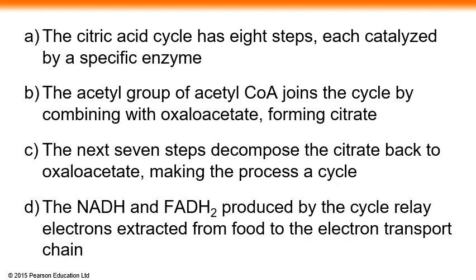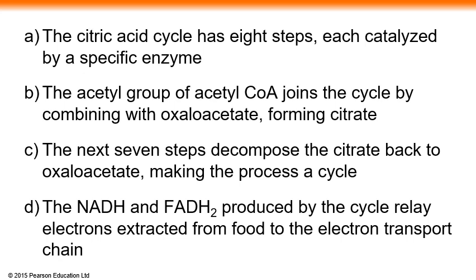The citric acid cycle has 8 steps. Never mind the 8 steps. Each is catalyzed by a specific enzyme. So all those biochemical reactions are enzymatic reactions. The acetyl group of acetyl coenzyme A joins the cycle by combining with oxaloacetate, oxaloacetic acid, forming citric acid.